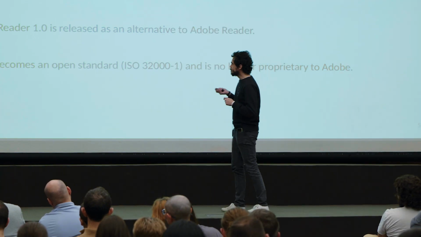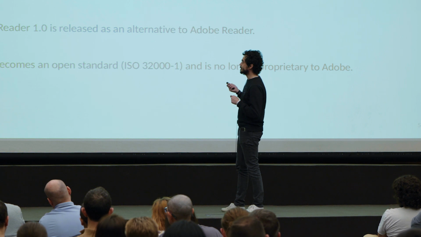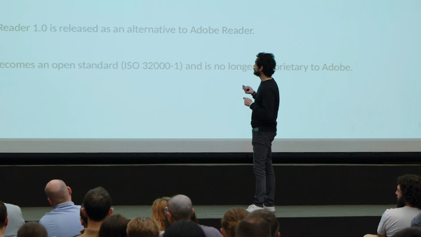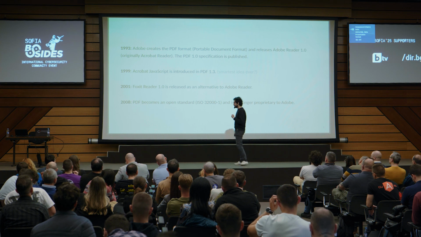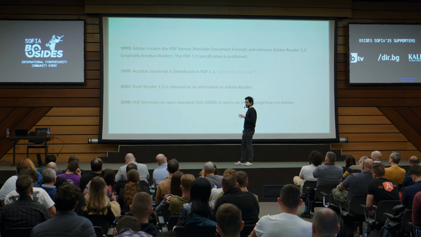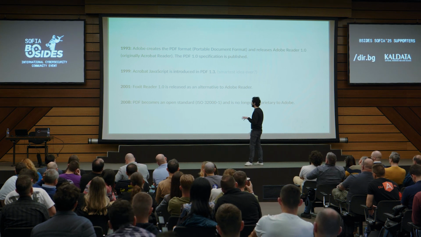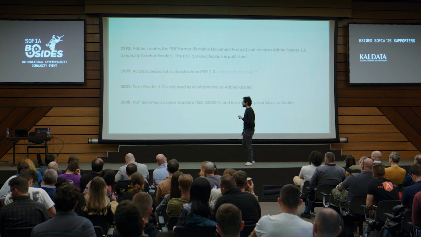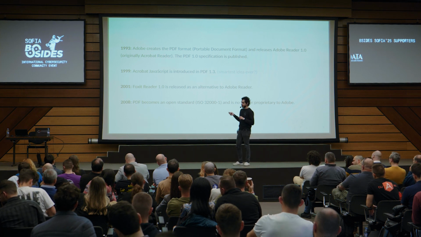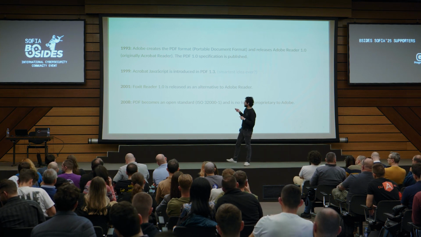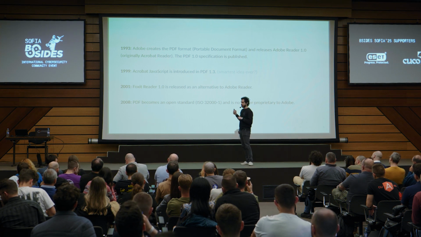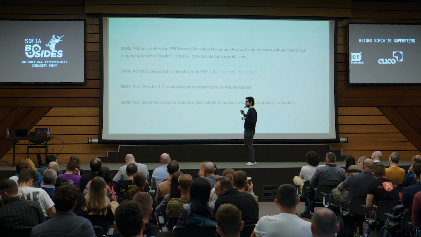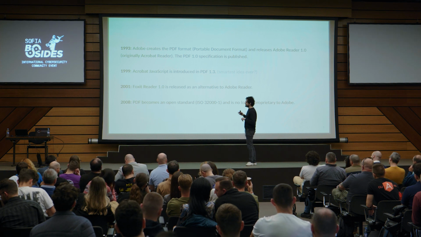In 2001, Foxit Reader version 1 was released, and it is still the major alternative in the desktop environment to Adobe Reader. And in 2008, PDF became an open standard. So now there is an ISO, there is an association, there are companies that work to update the ISO.